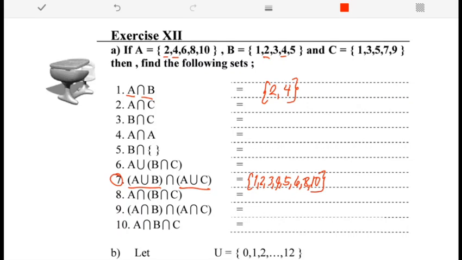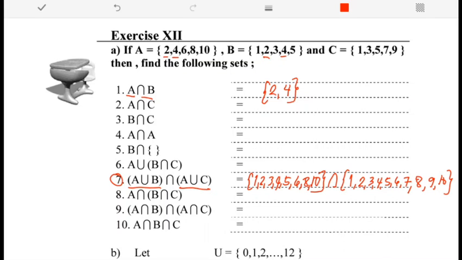That is A union B. Now, what about your A union C? A union C is 1, 2, 3, 4, 5, 6, 7. You have also 8. You also have 9 and 10. So it's like all the elements in the given set.